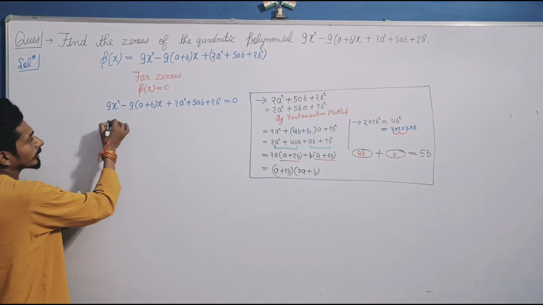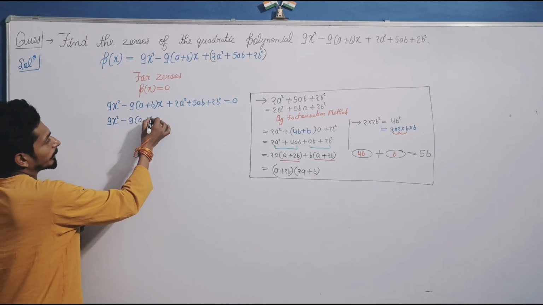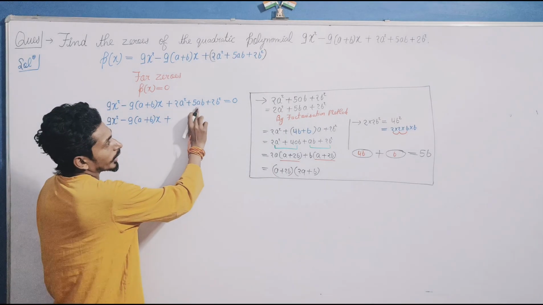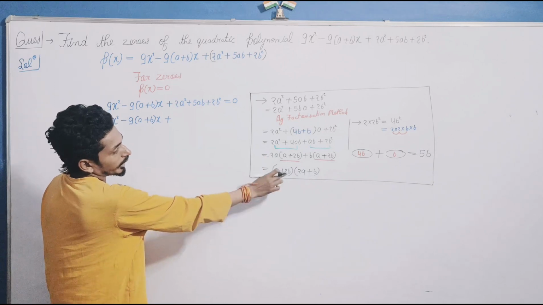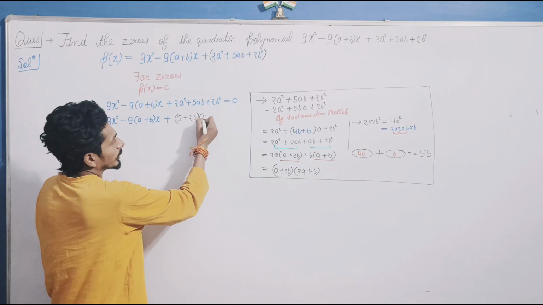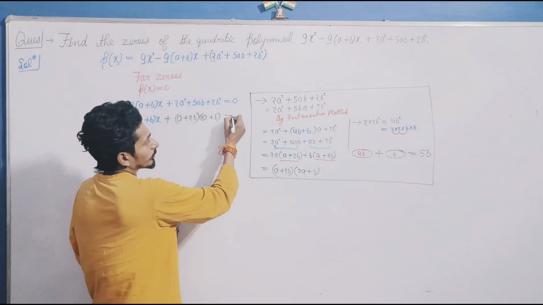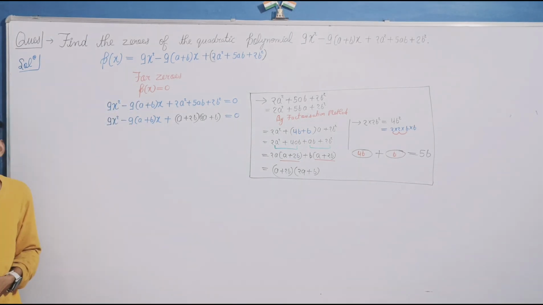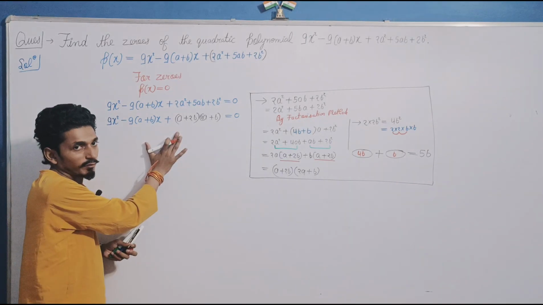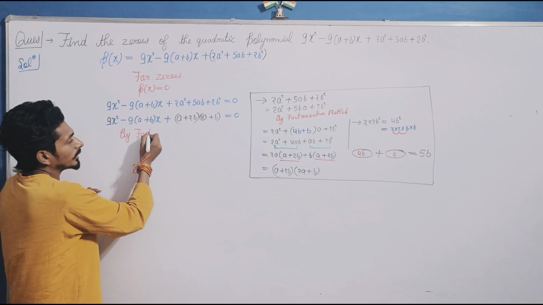Okay, so here we can write 9x square minus 9 into (a plus b) into x plus 2a square plus 5ab plus 2b square can be replaced by (a plus 2b) into (2a plus b) equals 0. Yes or no? After that we want to factorize the LHS. So here we apply the factorization method.